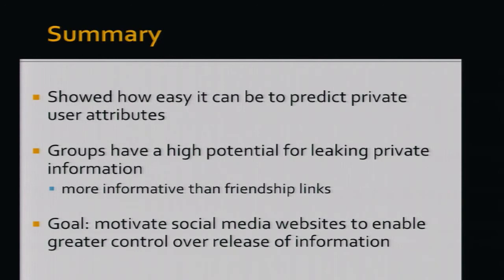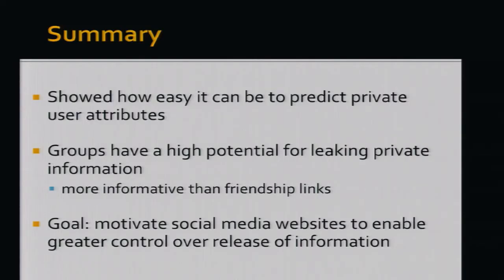And it turns out, probably not surprising to you, that you can easily predict this stuff. One of the things that was actually surprising to us was, everybody knows that you can leak information through friendship links, but it actually turned out that the group memberships were more informative than the friendship links. So they were more homogeneous and you could get more information from them.